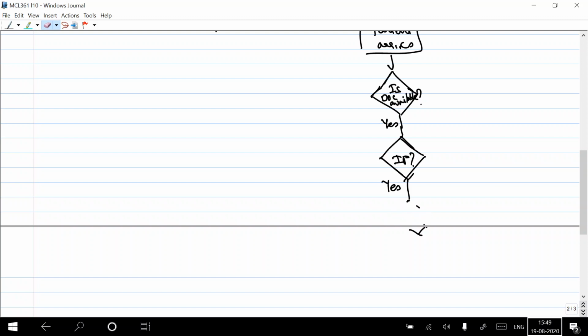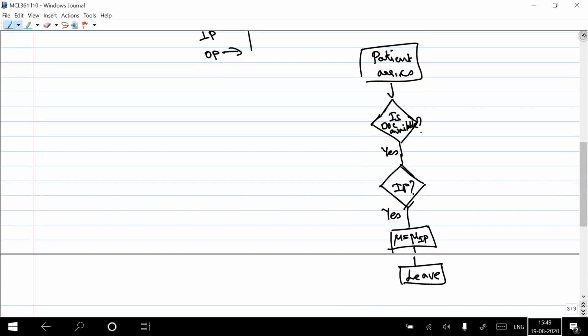Sorry about the poor quality of the drawing. Let me see if I can improve it, right? So if yes, then your service time mu is basically mu IP, and then after they finish the service, they leave.